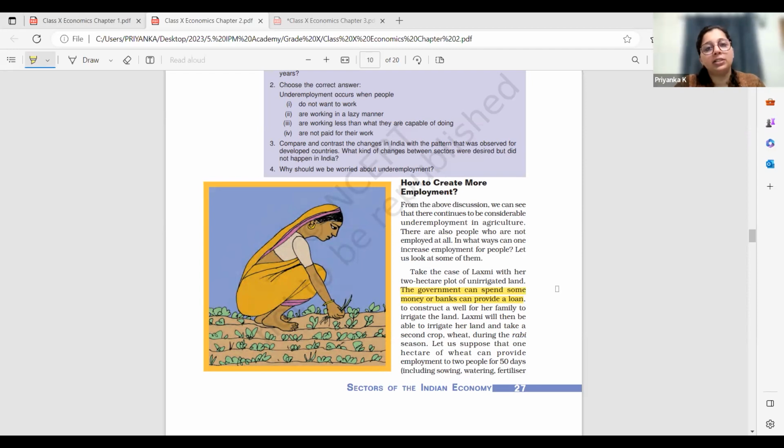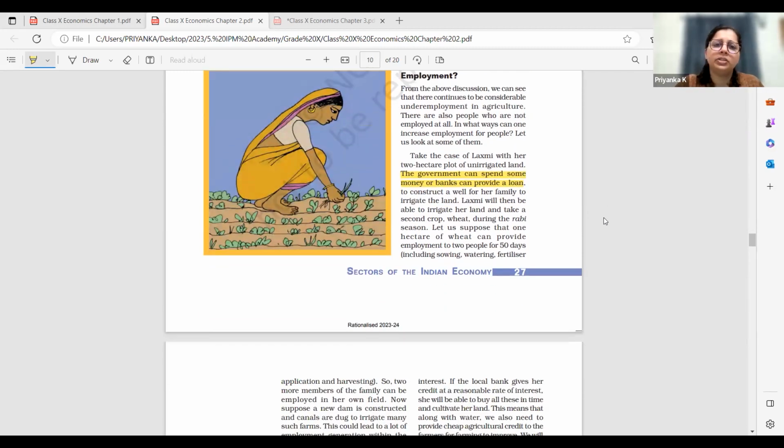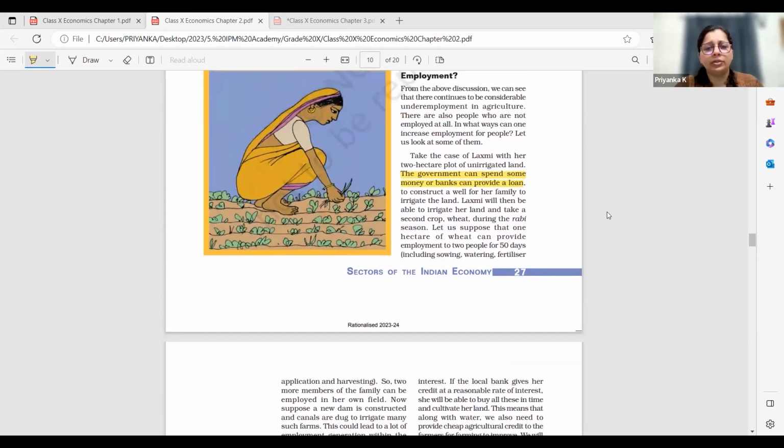And with that amount, she can think about cultivating more crops, because crop cultivation is not just seeds. It needs other facilities like irrigation, fertilizers, and many other things to get good crops. So that is why the cost of agriculture, the cost to produce crops, is comparatively higher.